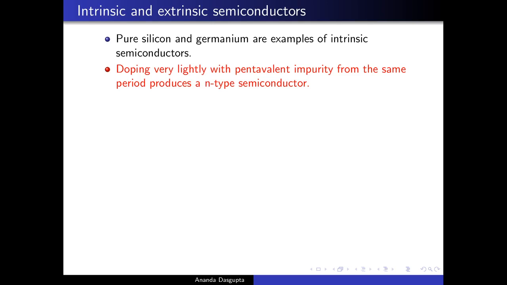So in an intrinsic semiconductor, the number of electrons and number of holes are always equal. If you dope a semiconductor with the corresponding pentavalent impurity, you end up with more electrons, more free electrons. When I say electrons and holes, I always mean electrons in the conduction band, which are free to move around, and holes, of course, are gaps in the valence band, which are also, in a sense, free to move around. So now you have more electrons than holes, and you end up with what is called an N-type semiconductor.